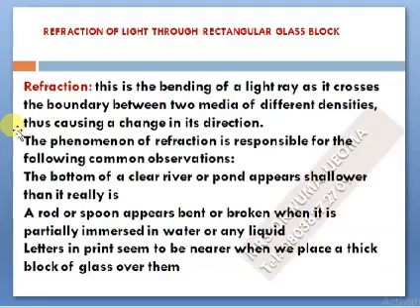We take it again. Refraction is the bending of a light ray as it crosses the boundary between two media of different densities, thus causing a change in its direction.